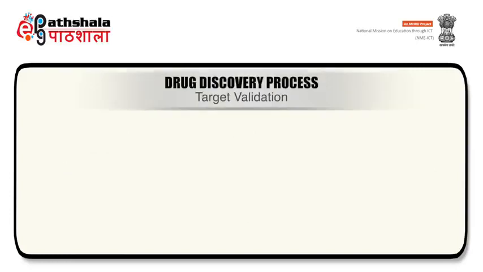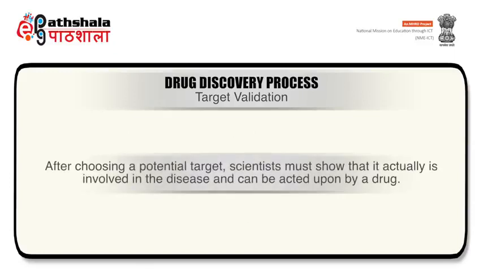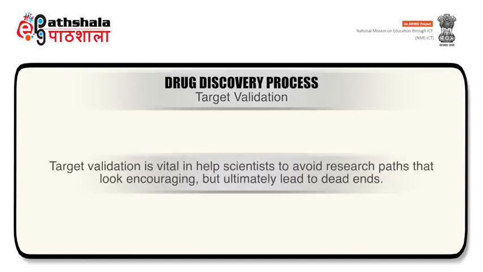The next step in drug discovery process is target validation. After choosing a potential target, scientists must show that it actually is involved in the disease and can be acted upon by a drug. Target validation is vital in helping scientists to avoid research paths that look encouraging but ultimately lead to dead ends.